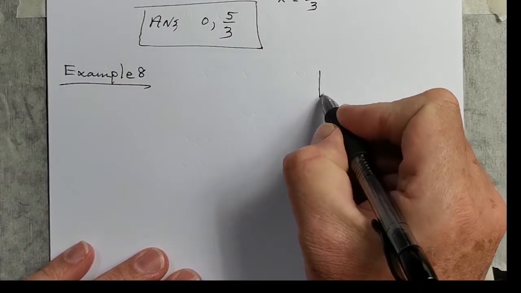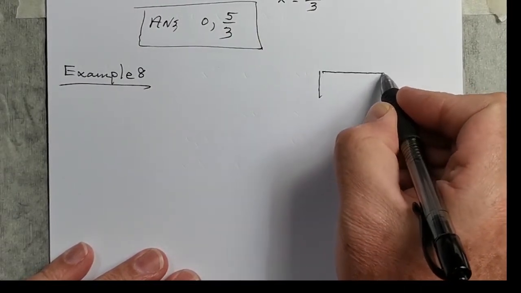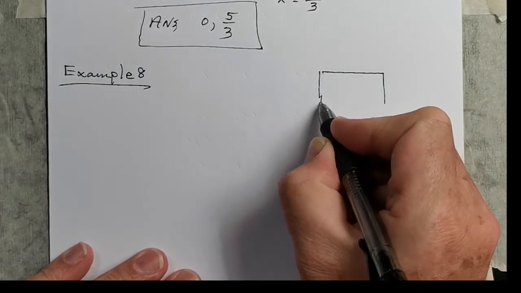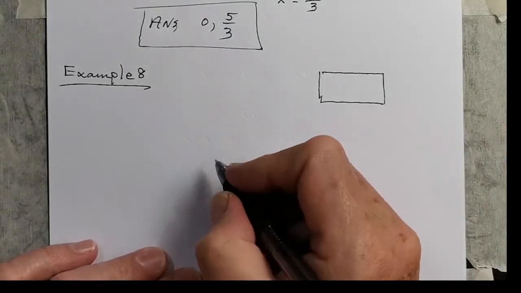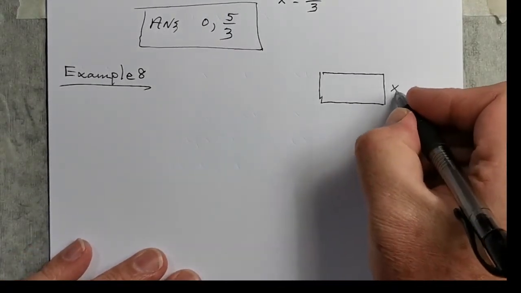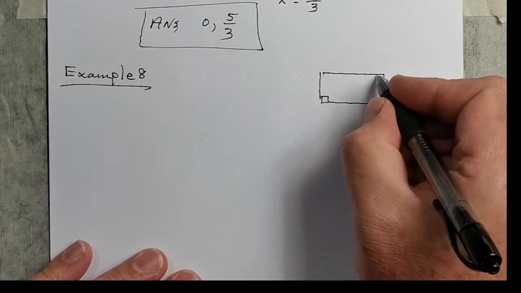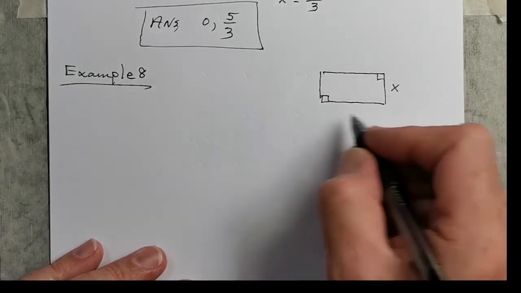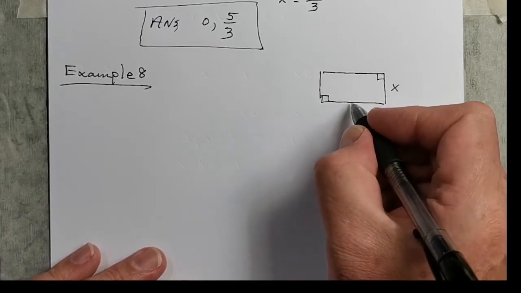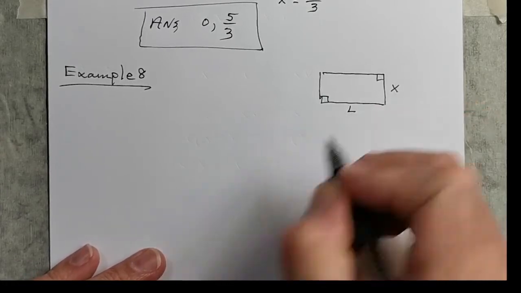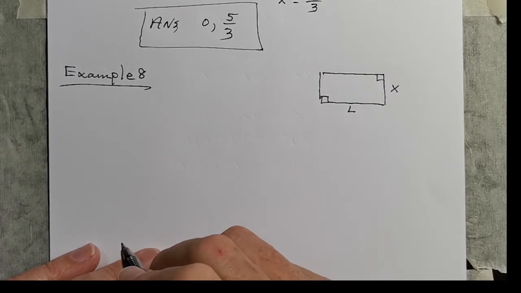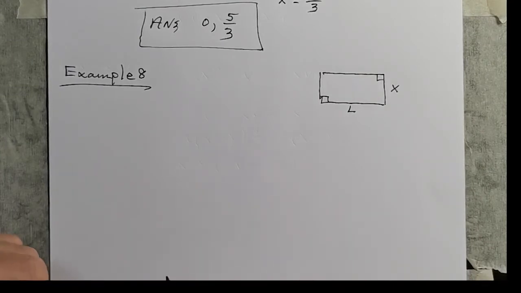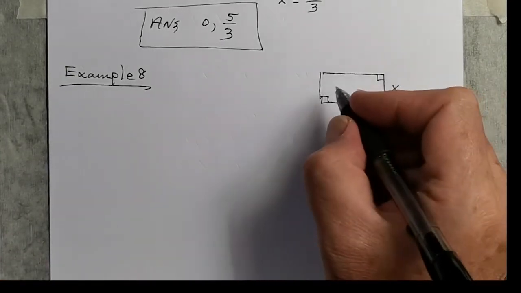So let's draw a rectangle. And we're told here that the width of our rectangle is x. So this is 90 degrees here. The width is x, and the length we don't know. We'll just name it L. What we can say, however, is that the area will be L times X.